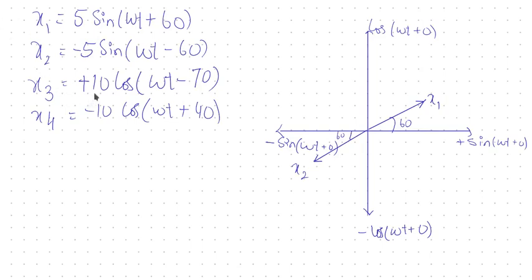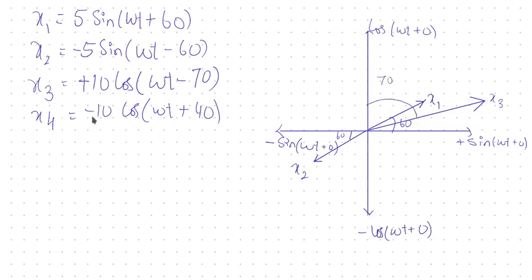And x3 is lagging 70 from the positive cosine axis. Lagging as in clockwise, so we'll move 70 degrees with a magnitude of twice the magnitude of x1, say this. So this will be x3 with this angle as 70.